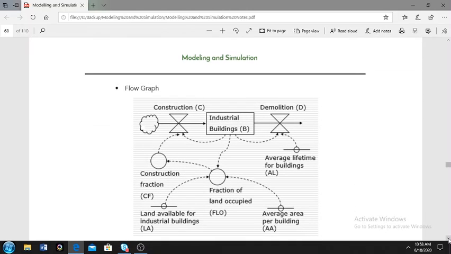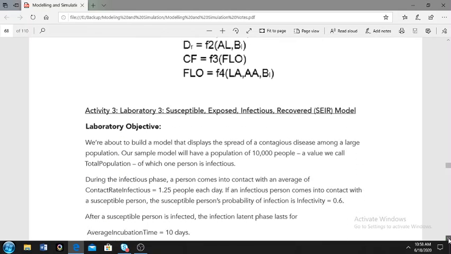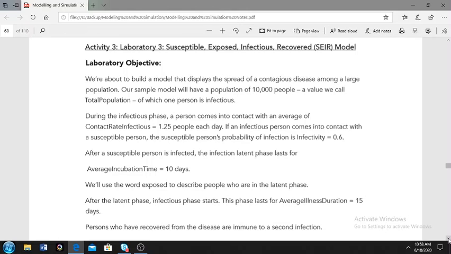Now we are going to move to a lab, lab 3. We are going to simulate the spread of a disease. We have this disease called COVID, caused by the coronavirus.